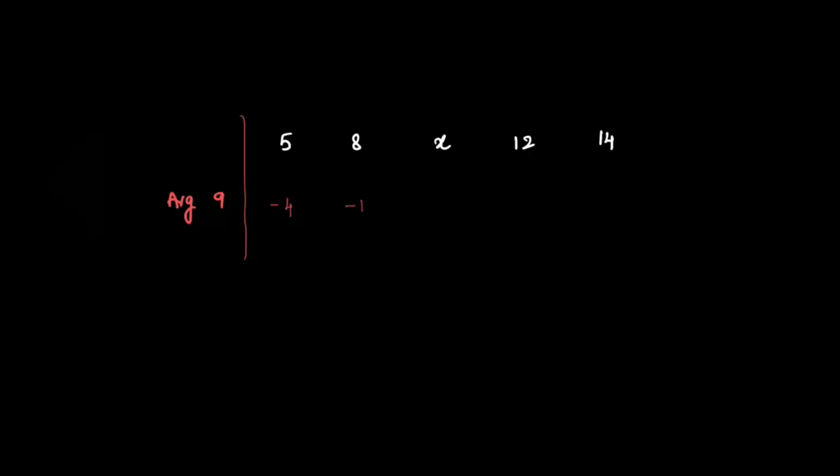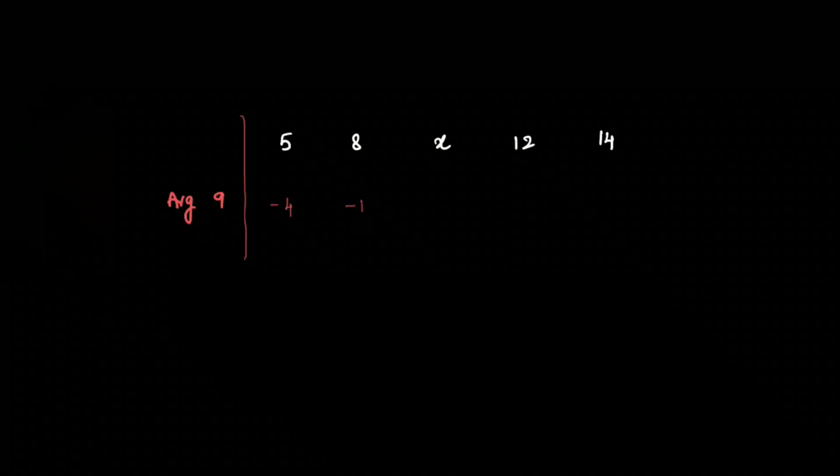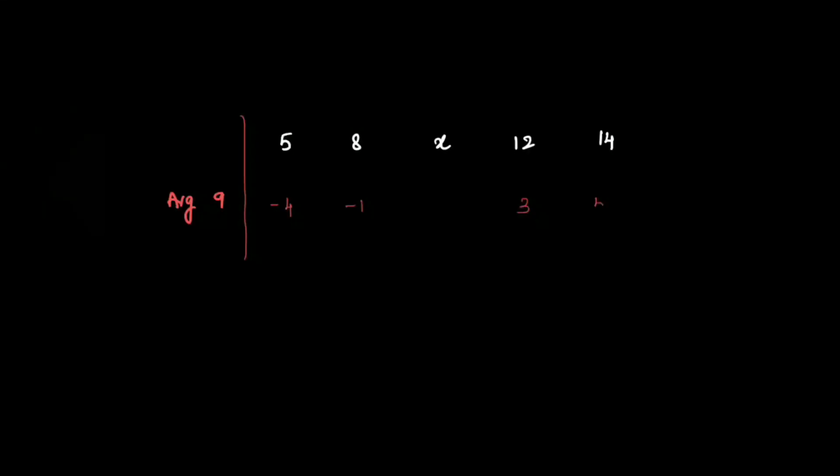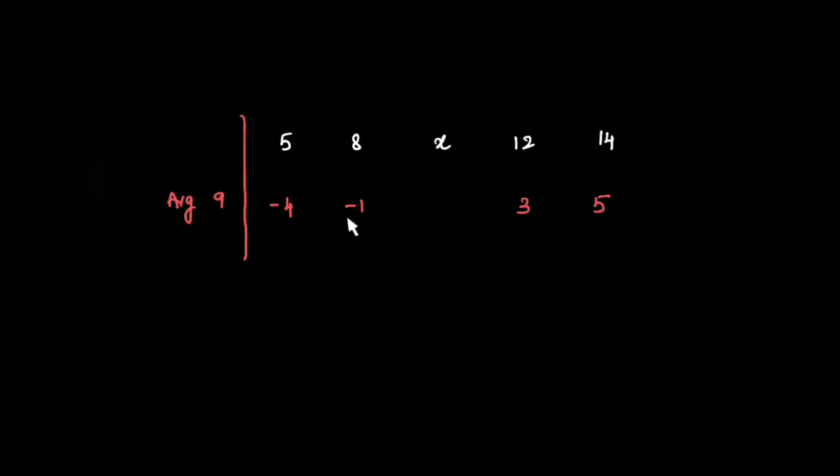Then this is minus 1. We don't know the deviation here. 12 minus 9 is 3, then 5. Now you can see minus 4 minus 1 is minus 5 and here it is plus 5. Cancel them because you have to do the sum of deviations. Now here you are left with plus 3.